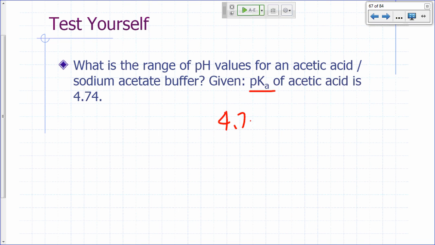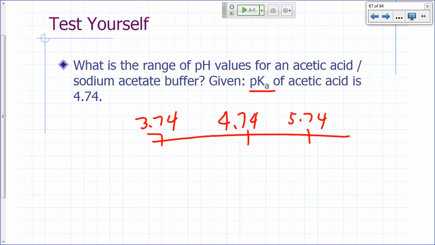Well, that's 4.74 plus 1, 5.74, and 4.74 minus 1 would be 3.74. So you can use acetic acid and sodium acetate to make a buffer if the desired pH that you want to stabilize is between 3.74 and 5.74. And the closer you are to 4.74, the better your buffer.